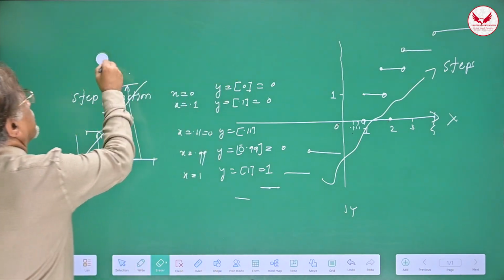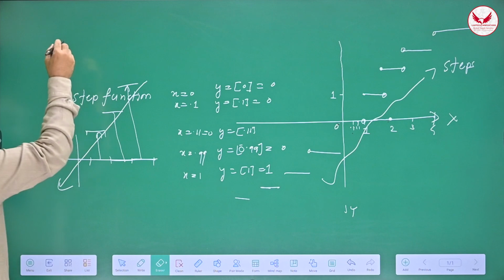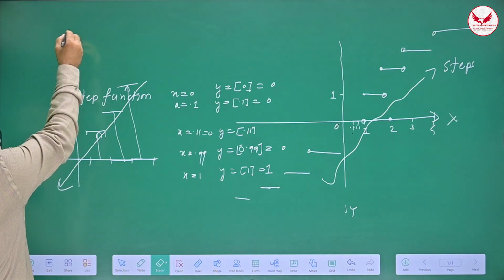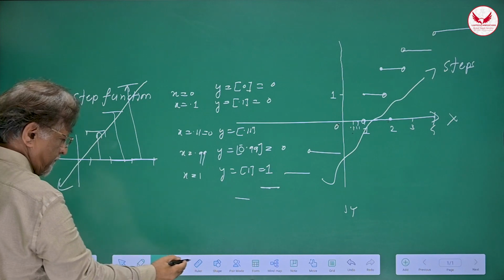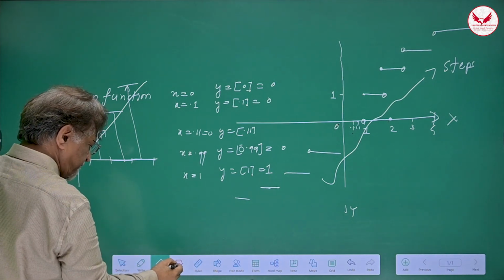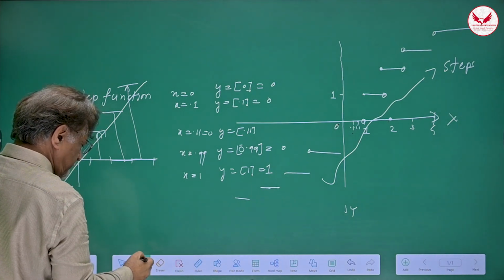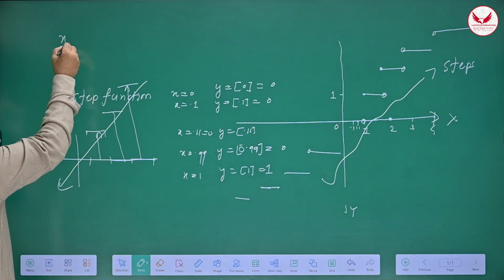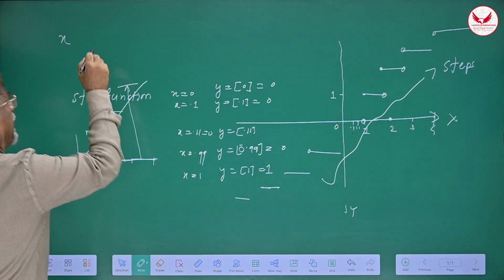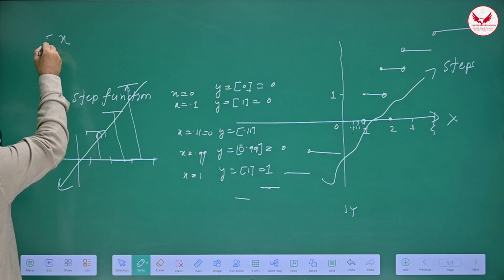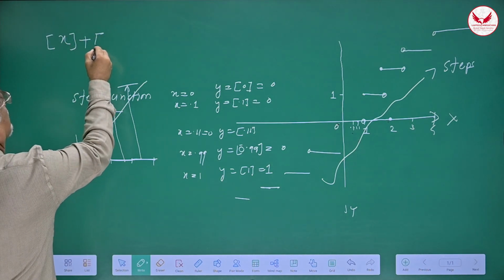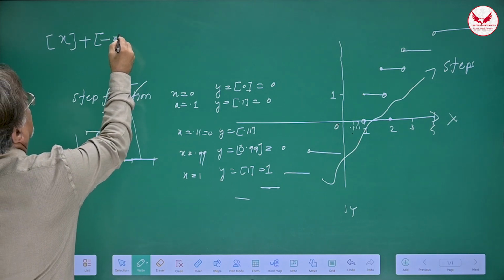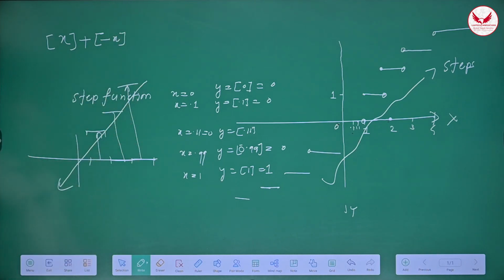So for example, you know that if I take x, and I take its integral part, and suppose I add to it the integral part of minus x. Very interesting. Let us take an example.